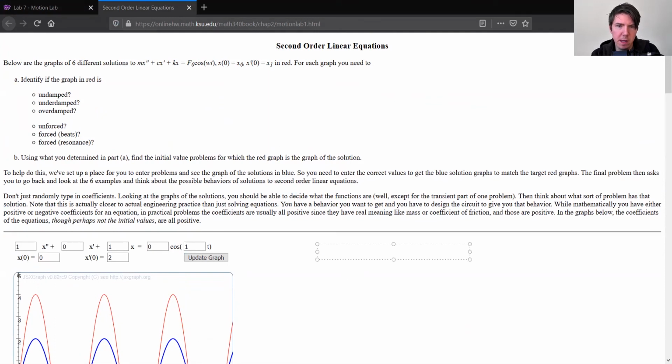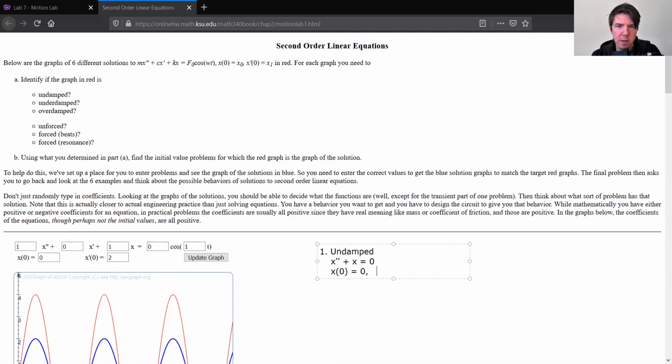For number 1, it is undamped. And then you might say that the initial value problem is x double prime plus x is equal to 0 with initial value information x of 0 is equal to 0.